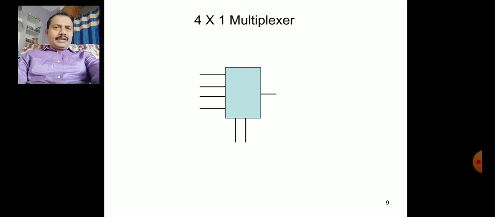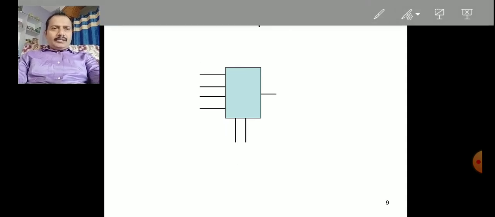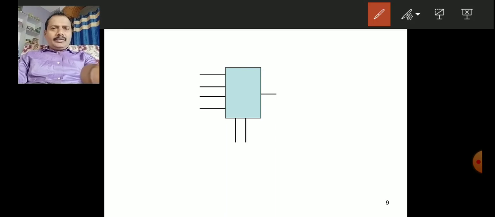Let us consider a 4 to 1 multiplexer. Observe here. How many inputs are there? 4. So I can express this 4 as 2 power 2.